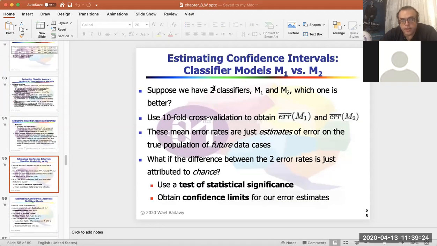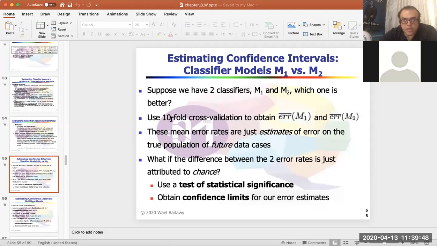The other point we can talk about is estimating confidence, or how confident my system is. So if I want to estimate confidence, I will have a classifier M1 versus M2. If I have a classifier M1 and another classifier M2, which one should I use?